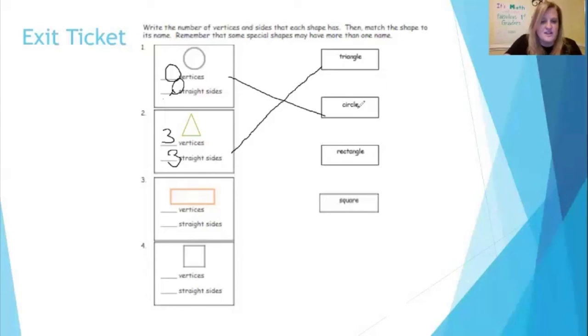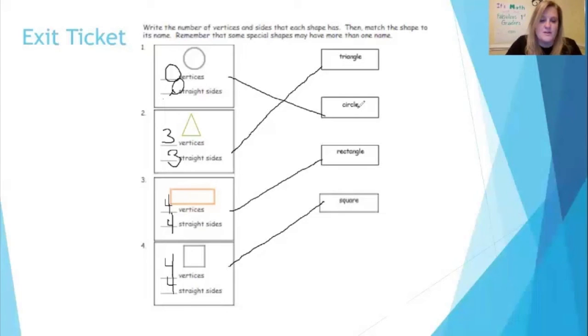And you should have counted 1, 2, 3, 4 vertices, 1, 2, 3, 4 straight sides. Excellent job. Last one, what shape is this? A square. How many vertices? 4. How many straight sides? 4. And you connect to the word square.